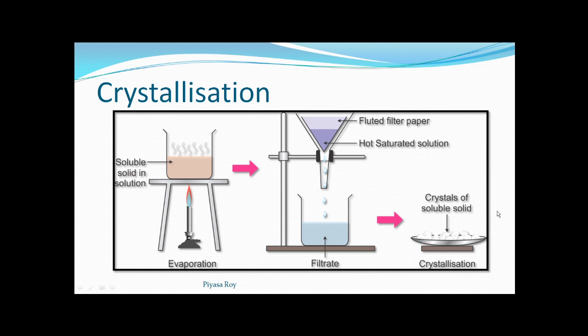So these crystals of soluble solid will come out from the solution, and we can get the pure form of the solute, the pure form of the solid substance which is there in the solution. Okay, so this process is called crystallization, as we are getting crystals after the process.